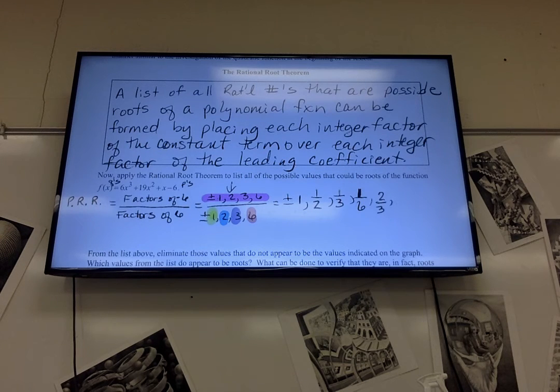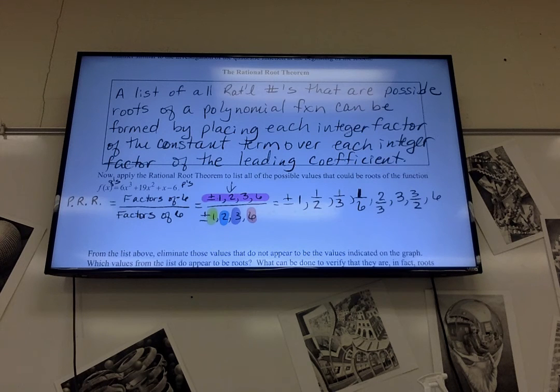All right, now we do 3. Plus or minus 3 over 1. That's just 3. Plus or minus 3 over 2. Don't have that. 3 over 3 we have, and 3 over 6 we have. 6 over 1 is 6. 6 over 2 is 3. We have that one. 6 over 3 is 2. We have that one. We're supposed to have that one.